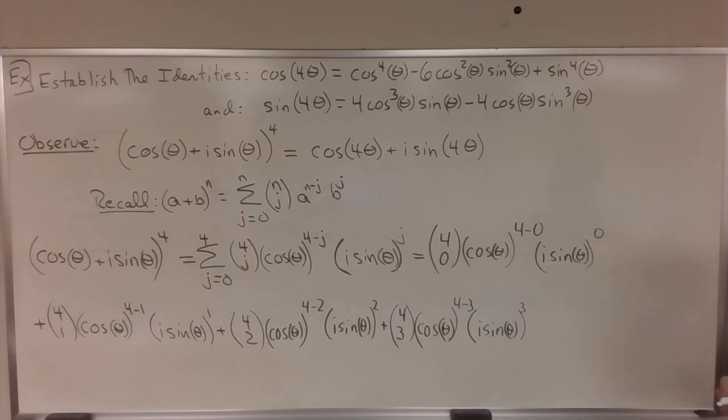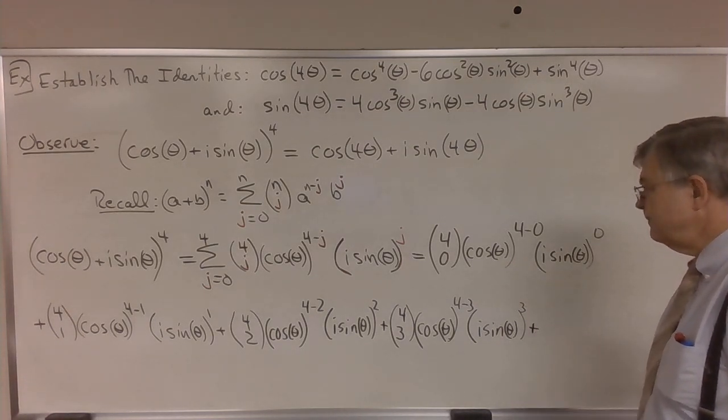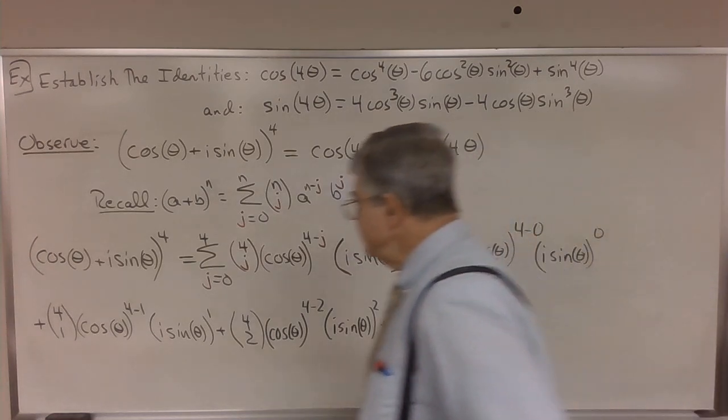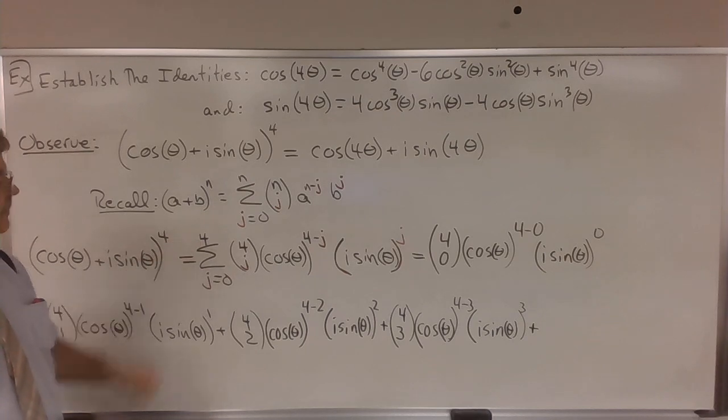And now can we squeeze this last thing in here? I think we can. Finally, our index j is going to be equal to 4.